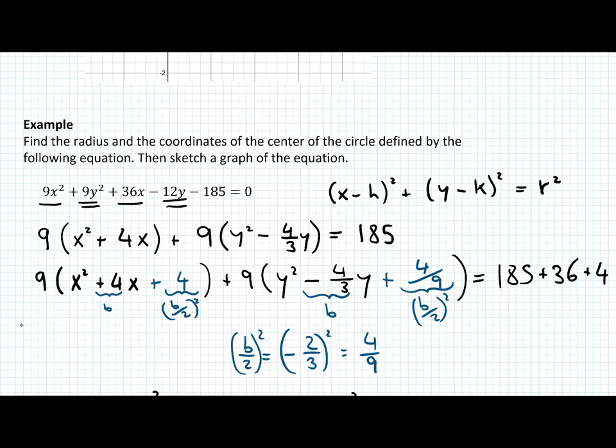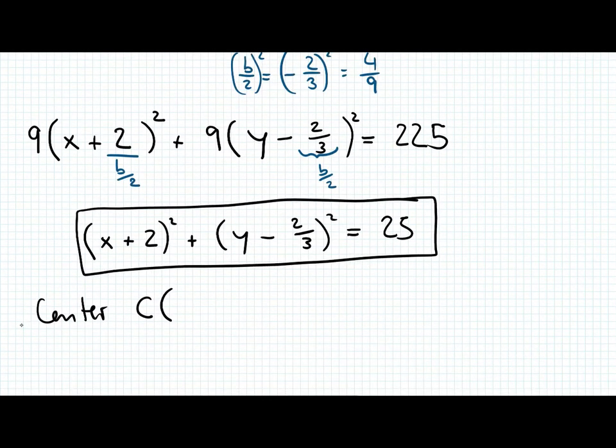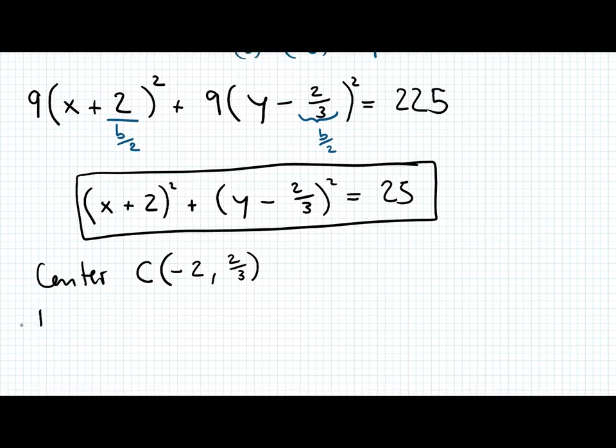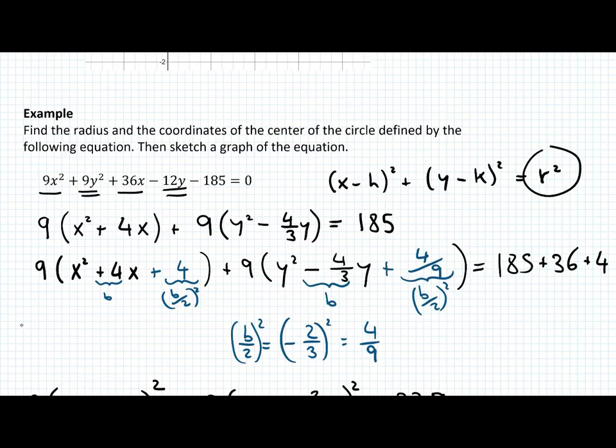So that means that this is going to be at negative 2, the x coordinate, and the y coordinate is going to be at 2/3. So that is the center of the circle. The radius of the circle, r, is going to be, well, remember that this here is r squared. So if you go back, that's the r squared.